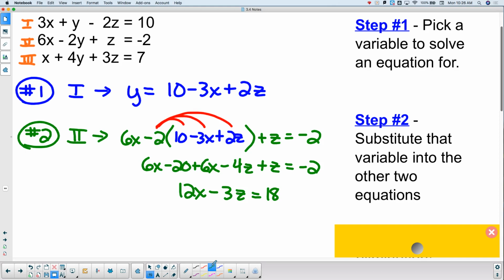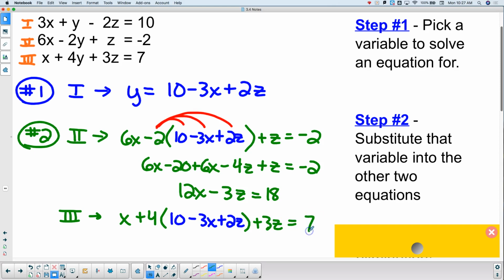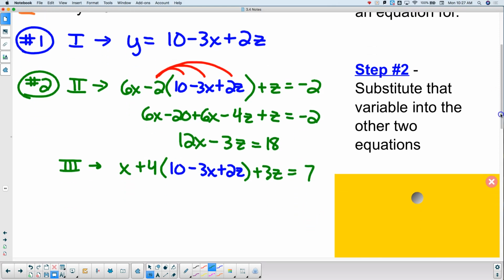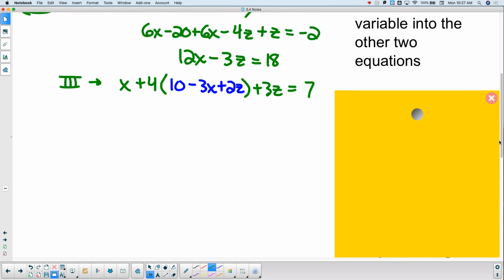Then I need to plug it into equation number 3. So that's going to be x plus 4 times 10 minus 3x plus 2z, plus 3z equals 7. Again, distribute, distribute, and distribute.